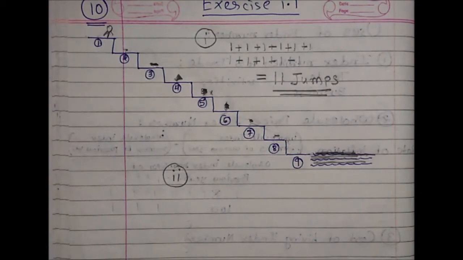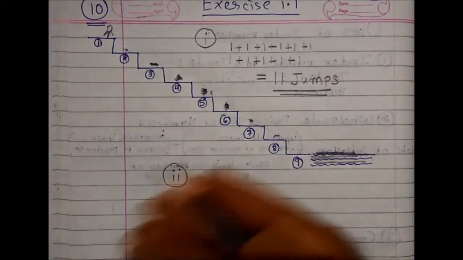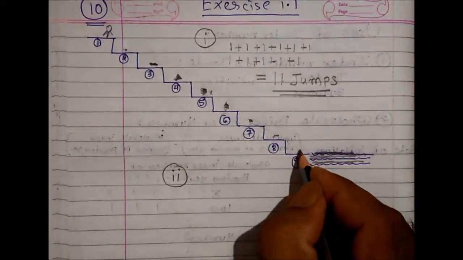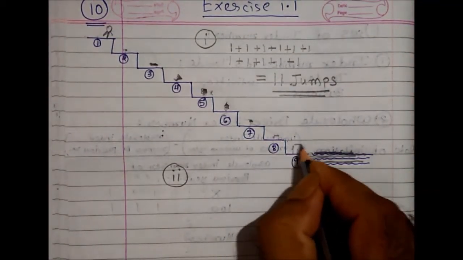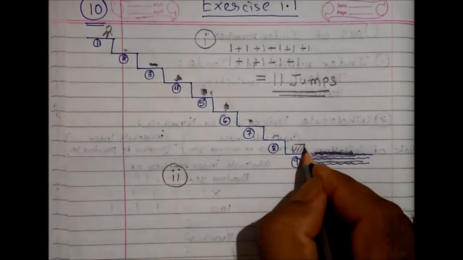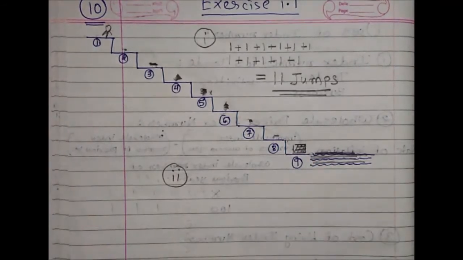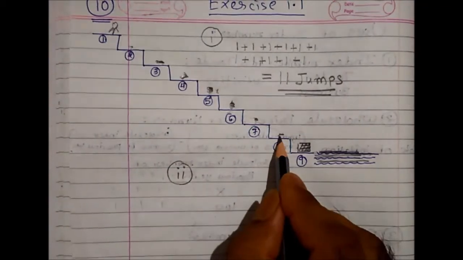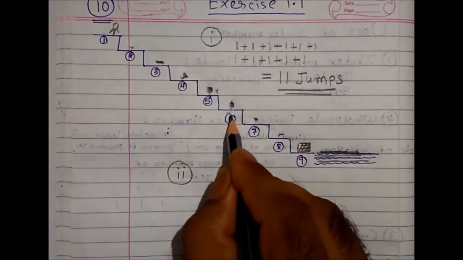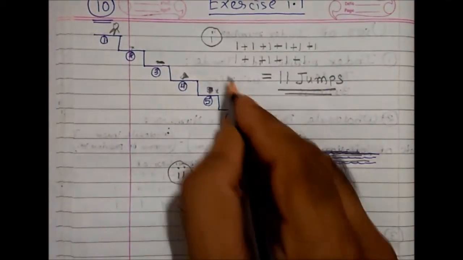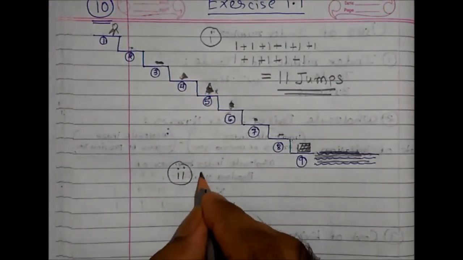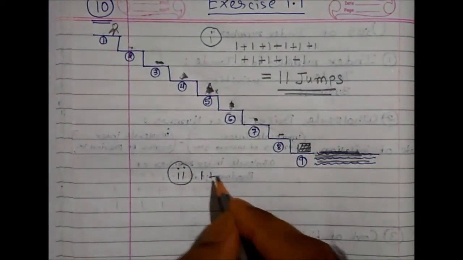Here again is the real position of the monkey. So 4 steps he will jump. The present position of the monkey is here. 4 steps up, 1, 2, 3, 4. So 1 jump.